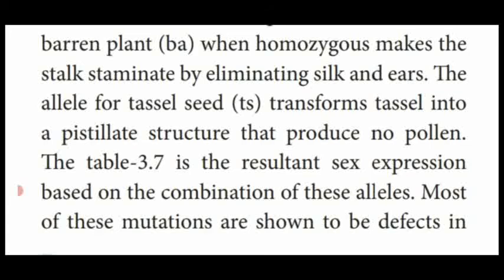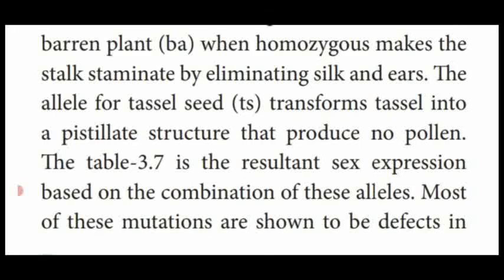So these are the two combination of substitution genes which modify the monoecious plant of maize into dioecious condition. It will be rare only, but this is also possible when you add the substitution gene to change the monoecious plant into dioecious plant condition.